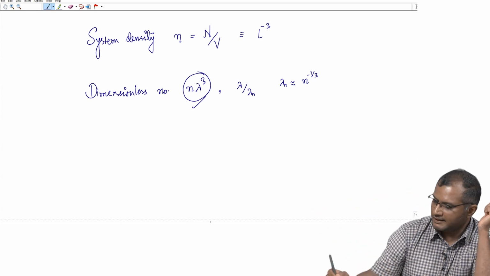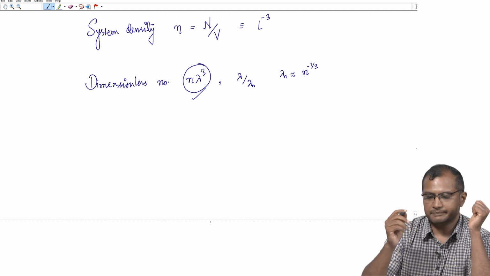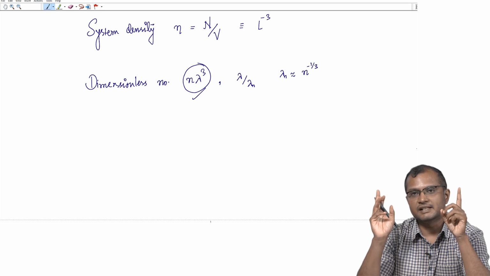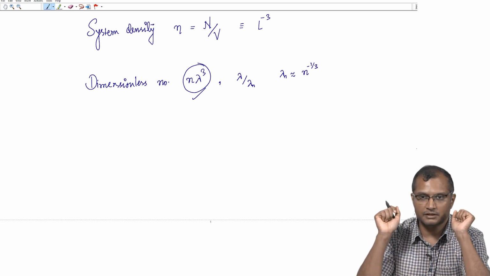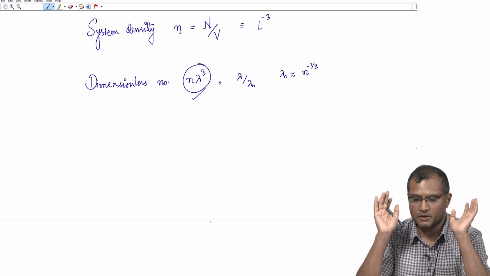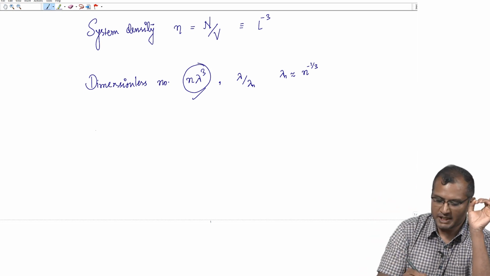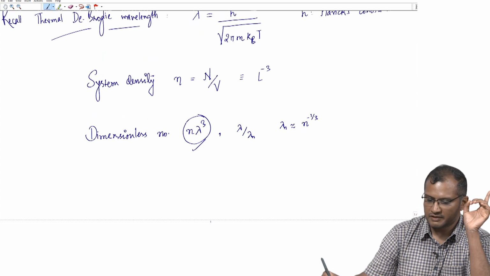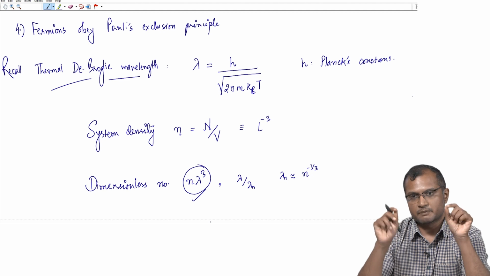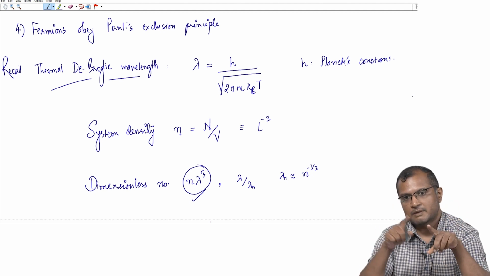So, let us pick up this dimensionless number and see whether we can distinguish the two worlds, quantum and classical. Clearly, I know that the limit of high density and low temperature is the quantum mechanical world, because when you look at the expression for the de Broglie wavelength, this wavelength will be very large at very low temperatures. As the temperature goes to 0, lambda goes to infinity.